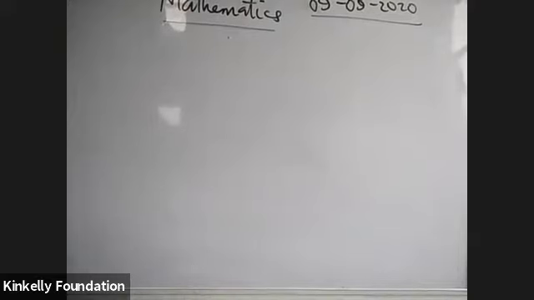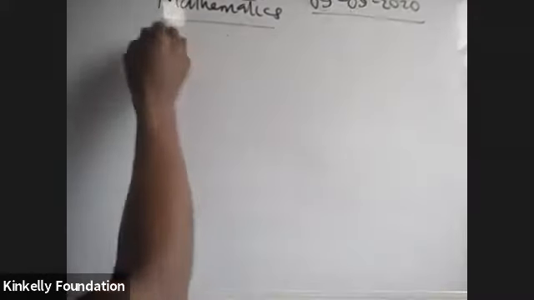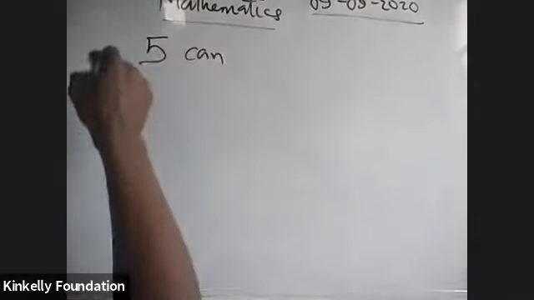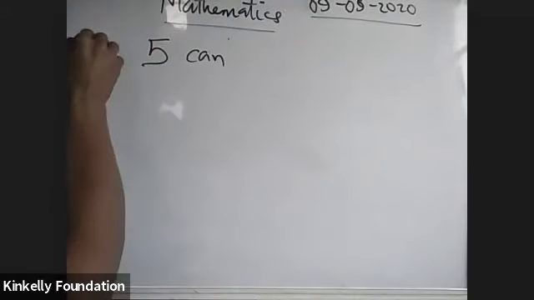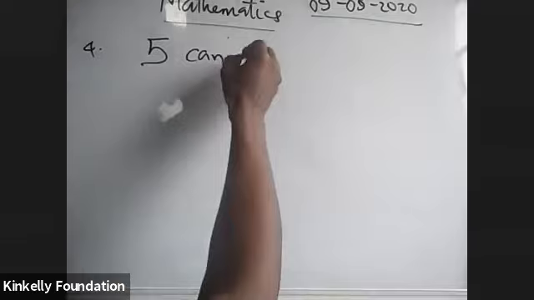Now, 5 can divide a number if its last digit is 5 or 0. This is the fifth one; remember, we started from 2.